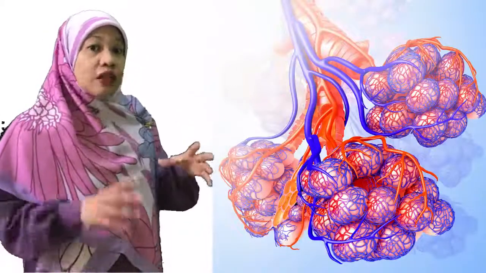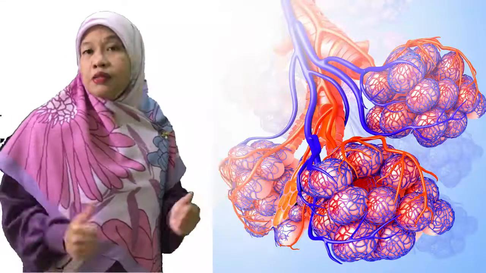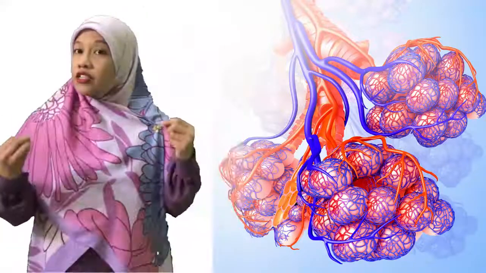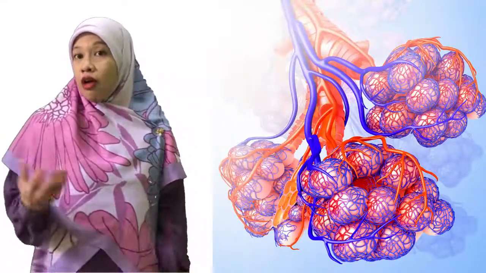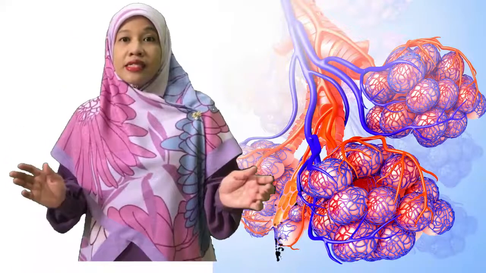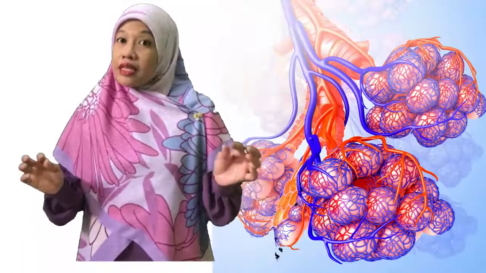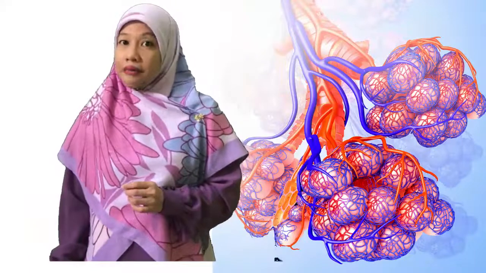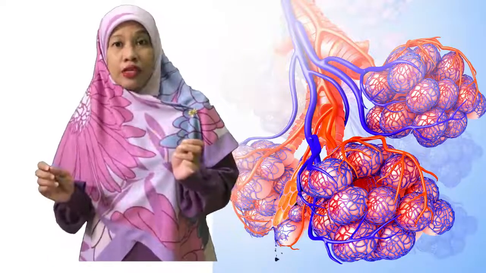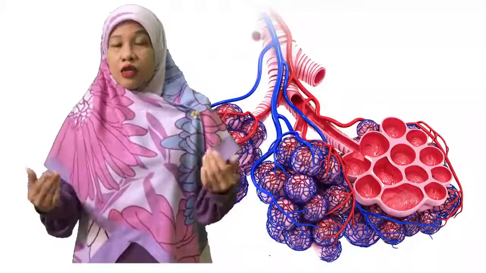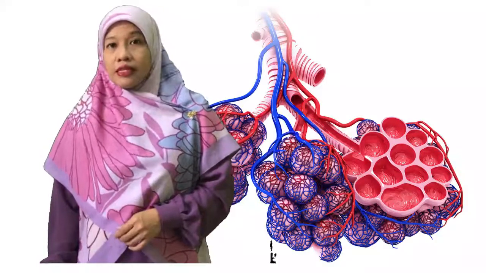The surface of the alveoli is covered by an abundance of blood capillaries which facilitate the diffusion of the oxygen gas. The gas diffusion occurs between the thin layer of the small blood capillaries and the thin layer of the alveoli. This is known as the respiratory surface.